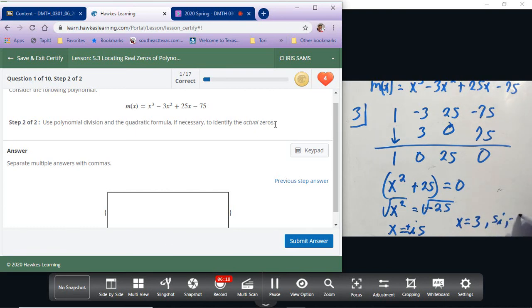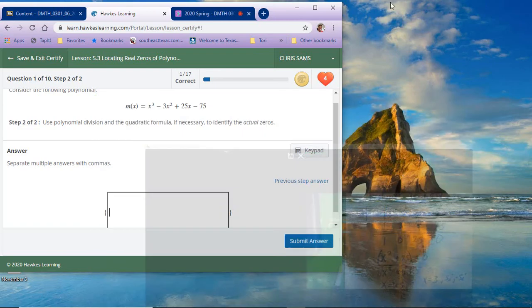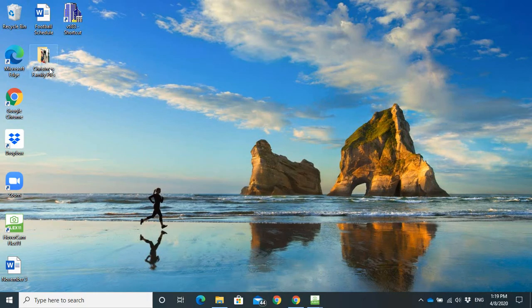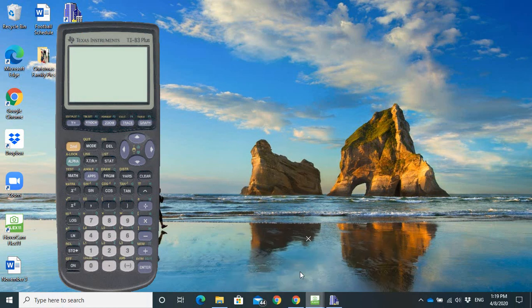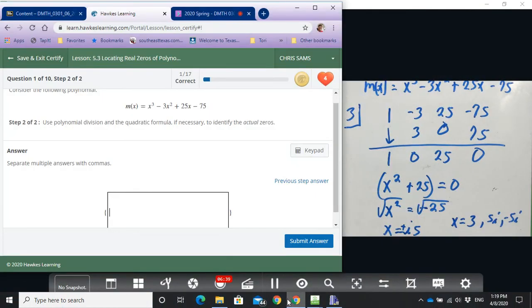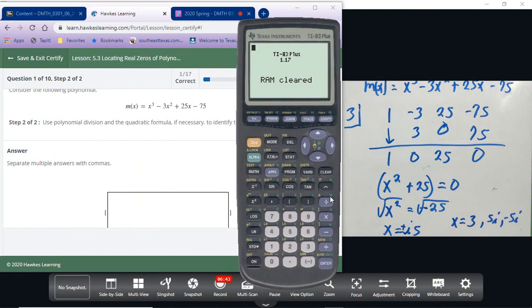and negative 5i. So instead of guessing and checking, because you might not get so lucky to find it on the second try or the first try, it might take several times, what I recommend is pulling up the calculator, and then we're going to graph this function and just see approximately where it crosses the x-axis, and then we'll pick that one.